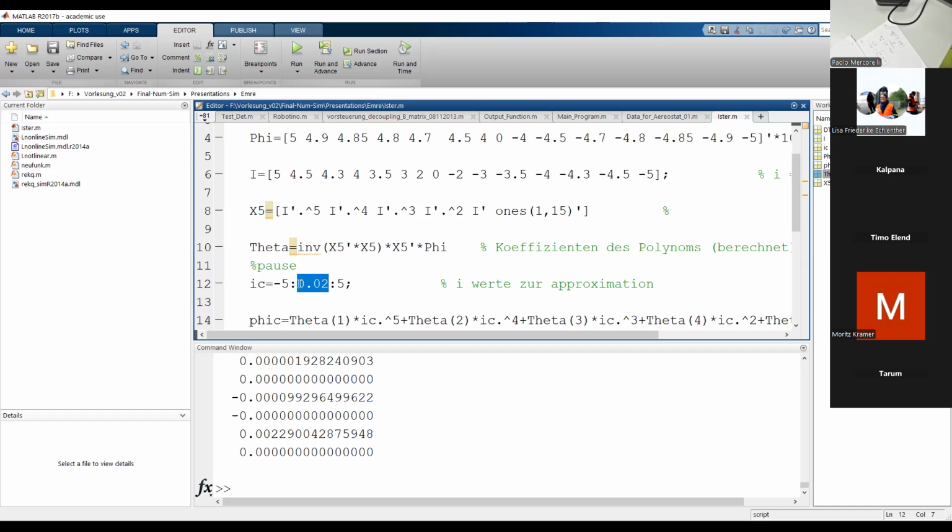Yeah, I think this means we try with this approach to minimize the deterministic error, no?